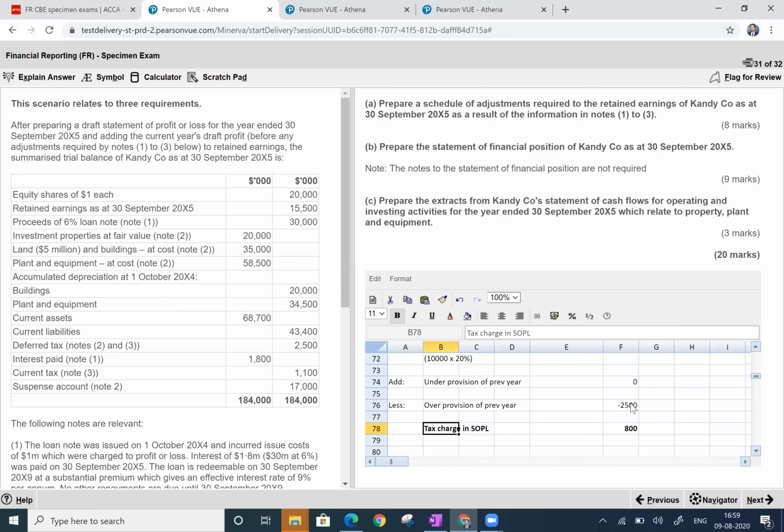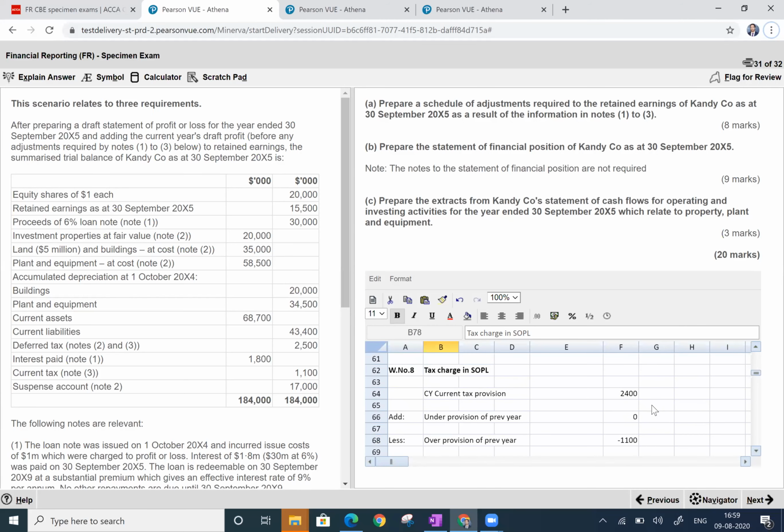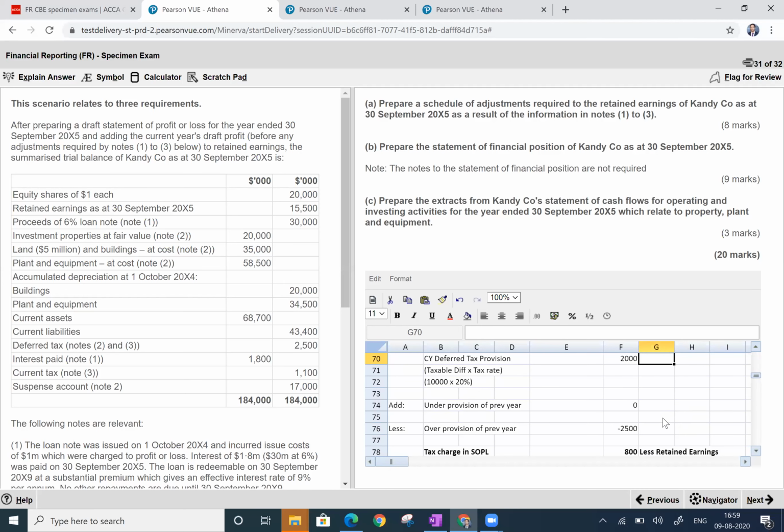Done. Okay. So now remember, tax charge in SOPL, less retained earnings. Then this one, show as deferred tax in non-current liability.